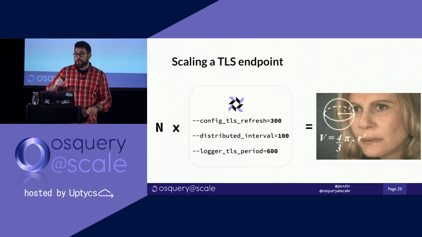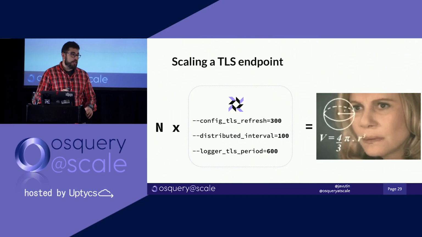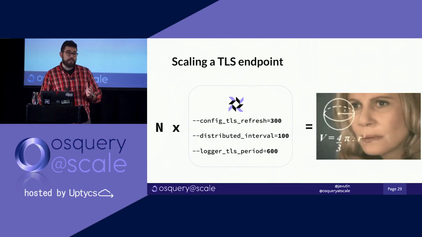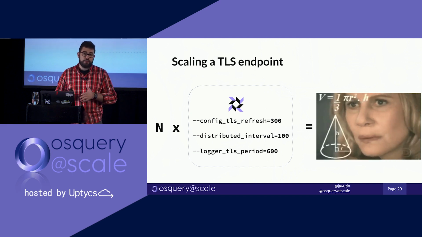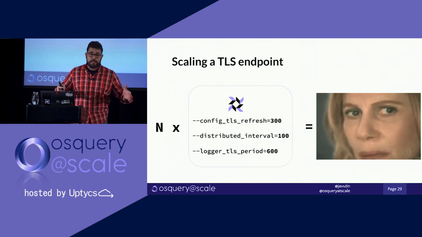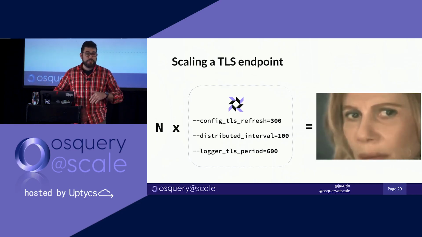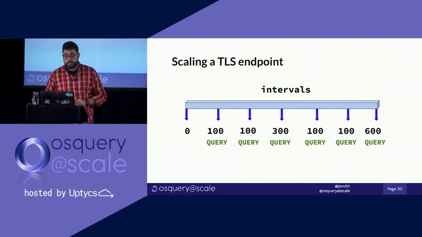So how could you estimate the number of requests you're going to have, either per second or per minute, so you can plan your infrastructure and horizontally scale to absorb all the traffic and requests that your osquery agents are going to be sending?